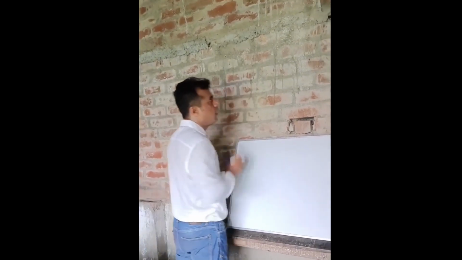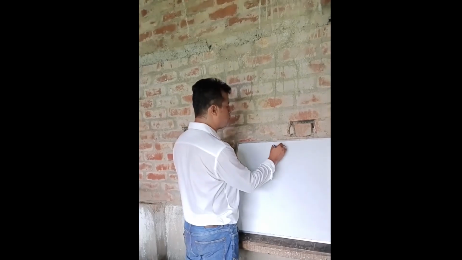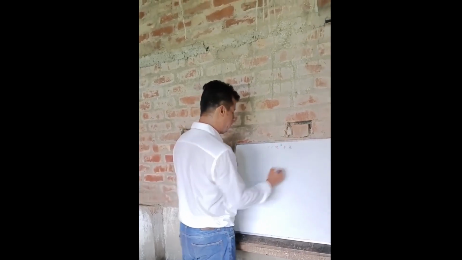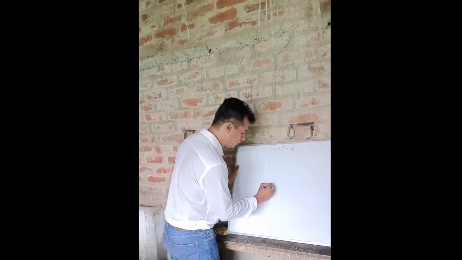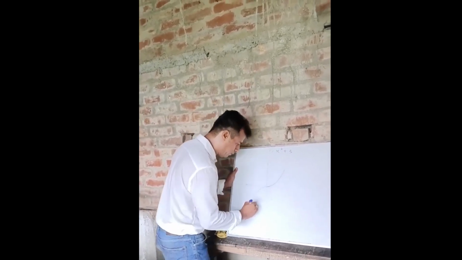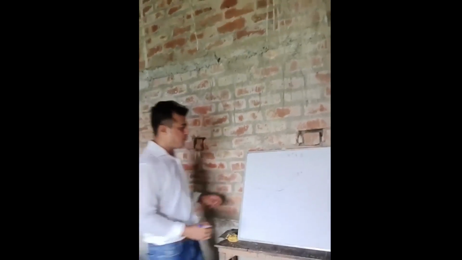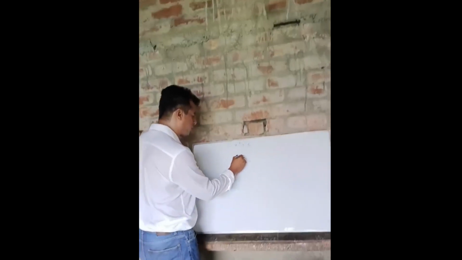Now, if someone says we have to draw the graph of y equals x cube plus 3, similarly, draw the graph of x cube. This is the graph of y equals x cube. And plus 3 means 3 units upwards: 1, 2, 3. Same graph, 3 units upwards.